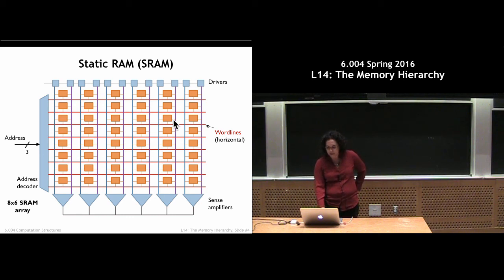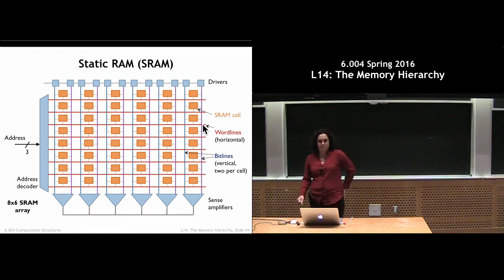So what happens when you turn one of these horizontal lines on is that the SRAM cells associated with the word line that you selected are now connected to these vertical lines, which we call bit lines, okay?